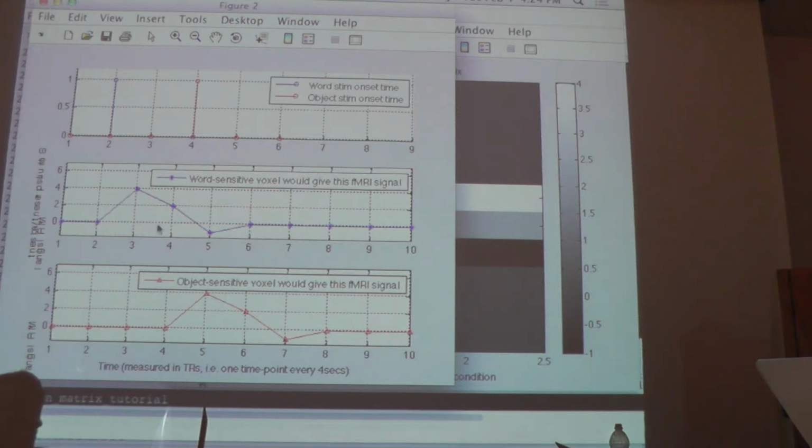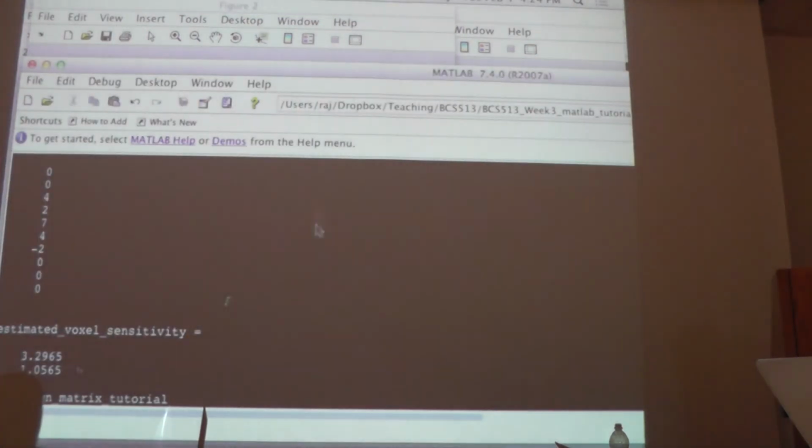Suppose we have a voxel that really loves words but doesn't like objects very much. Then we get this thing multiplied by a lot, this thing multiplied by not very much, and those multiplication factors are our measure of how much the voxel likes these particular stimuli. They get called betas in the jargon of regression, and there'll be some noise on top of it too. So let's have a look at what that looks like.